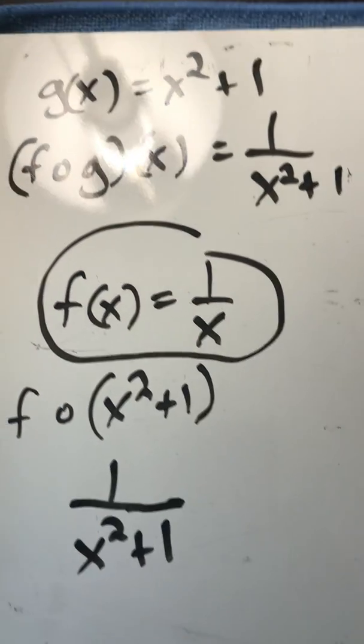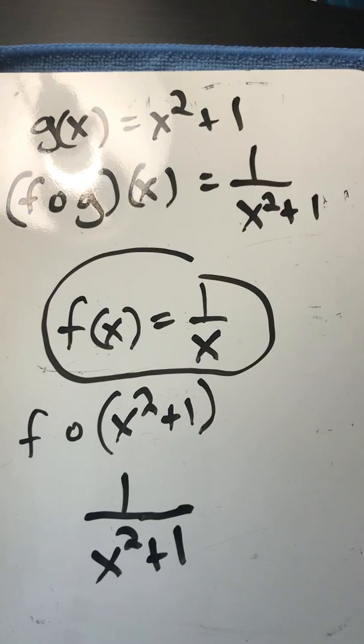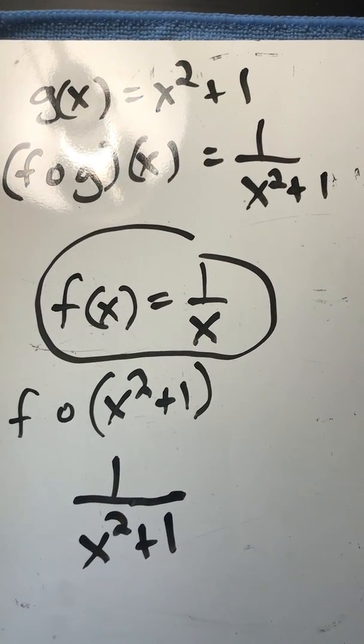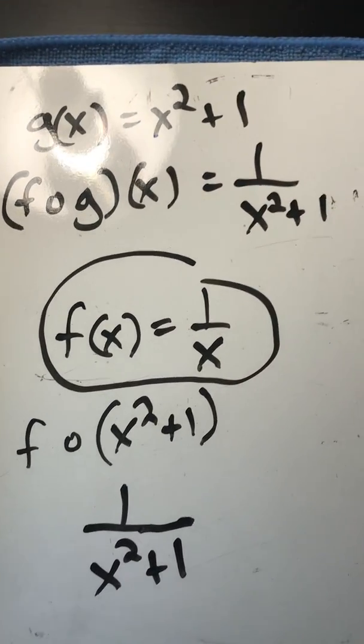So these are kind of tough. There aren't too many of them in the book, so I want you to really try and concentrate on it, but at the same time, I'm not upset if you don't get it.